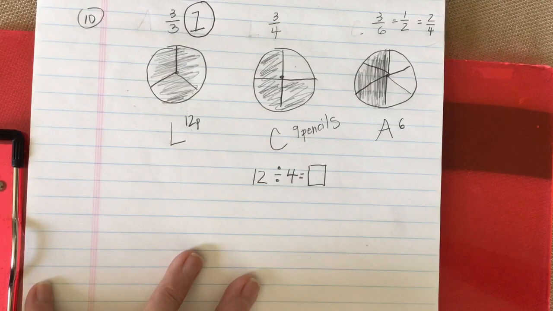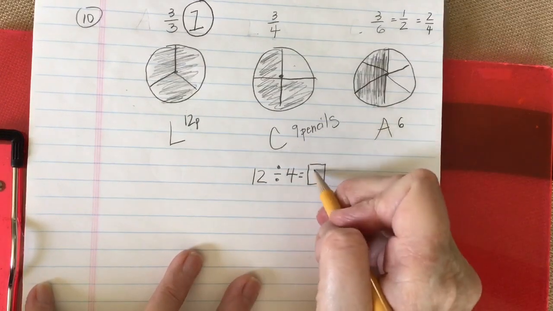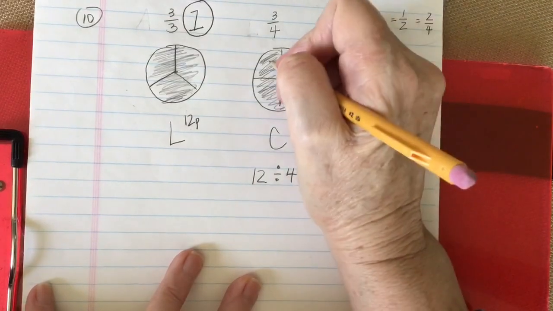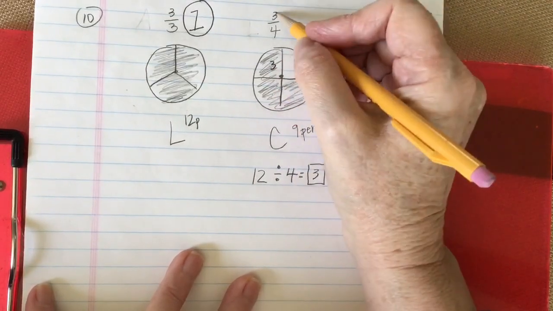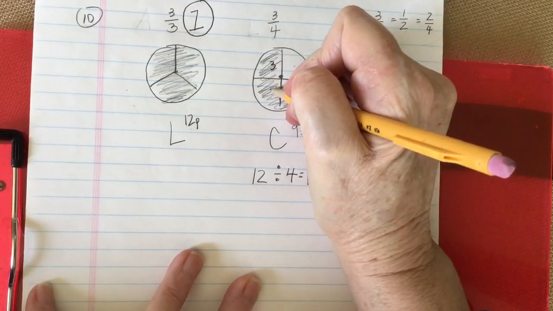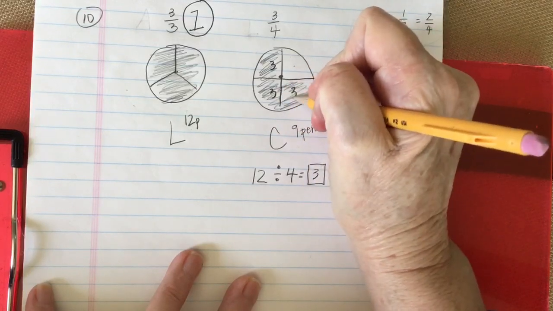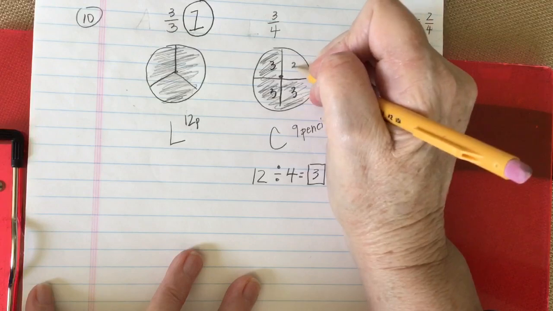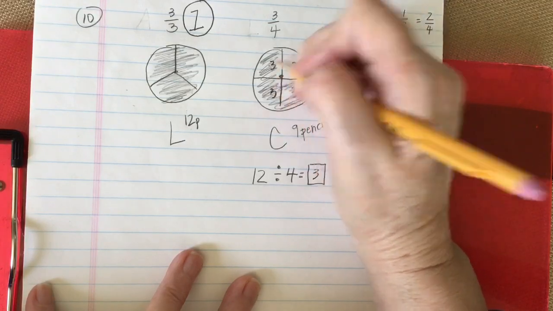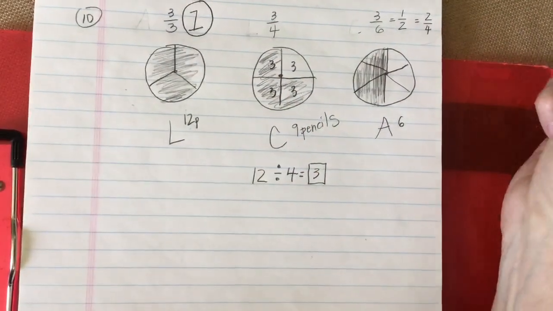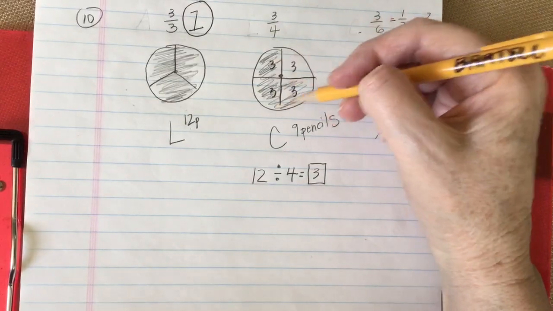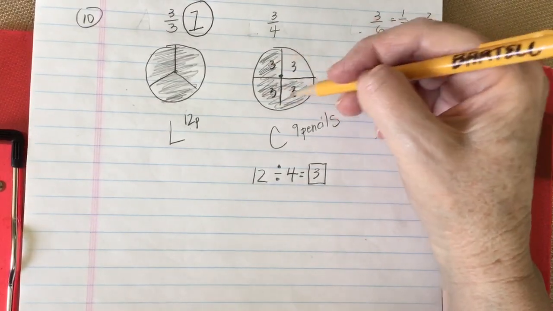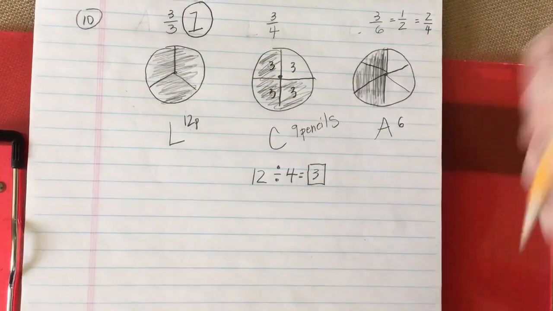What number times 4 is 12? It's 3. Each of these is 3, and we had to shade 3 of them. 3, 6, 9, 12. Yep, that whole thing equals 12. So we only shaded 3, so that's 9 pencils. Hopefully that makes sense, boys and girls.